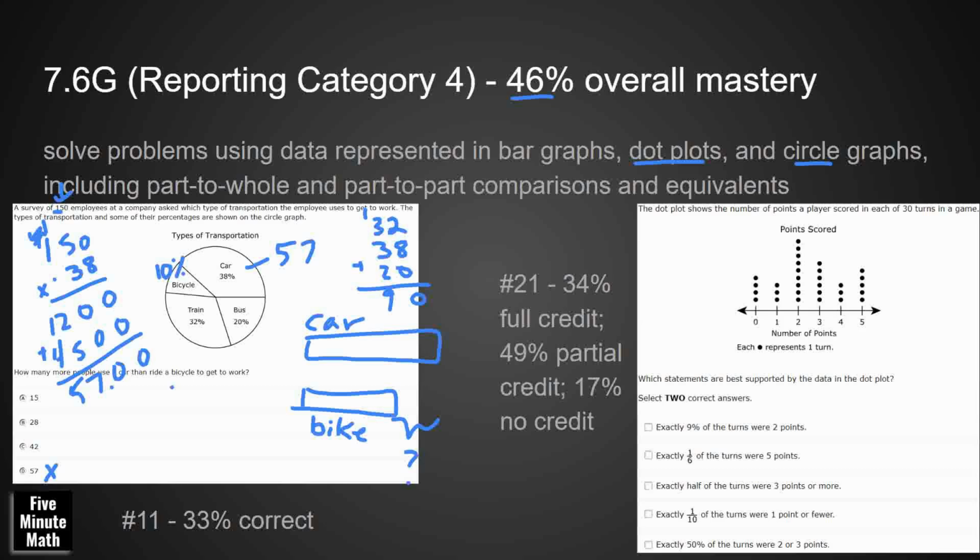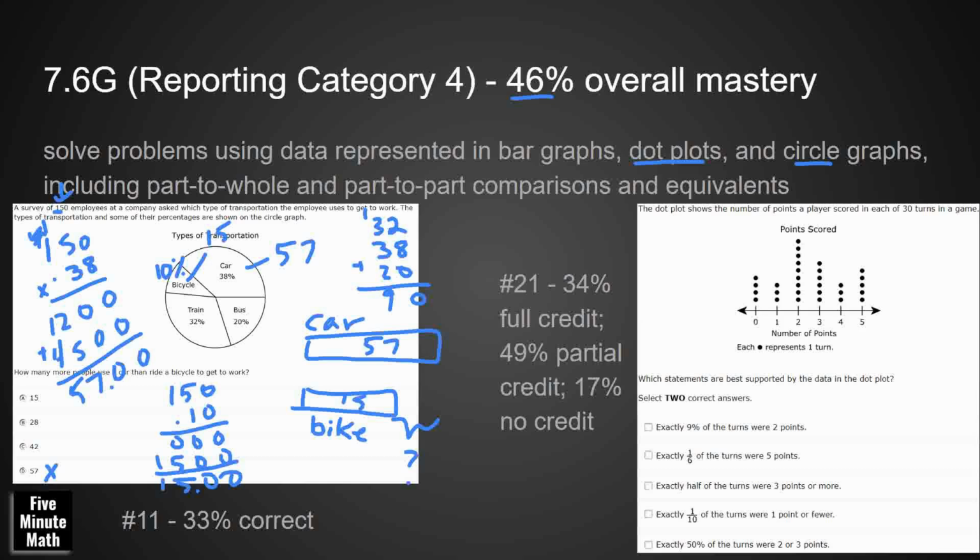Now, if you remember what happens when you take 10% of 150, right? You could just move the decimal in. So what you end up doing is you move the decimal in one from 150 to 15. So now I've got 57 people rode a car, 15 people rode a bike.